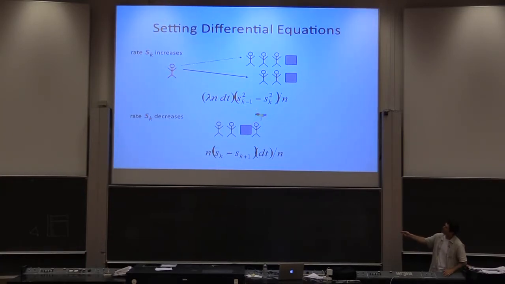And then the probability it's going to pick a queue, or give me a queue that will have k customers, is (s_{k-1} squared minus s_k squared) over n. And similarly, the rate at which s_k decreases is going to be (s_k minus s_{k+1}) times n times this dt over n. That's just the rate at which they're disappearing over a small interval of time.